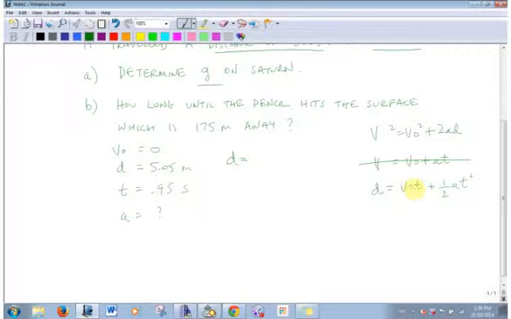D is VOT, but VO is 0, plus 1/2 A, and I know what T is, 0.95. Don't forget to square it. Okay. Oh, sorry, D I know, 5.05 is 1/2 of A. Let's use a decimal.